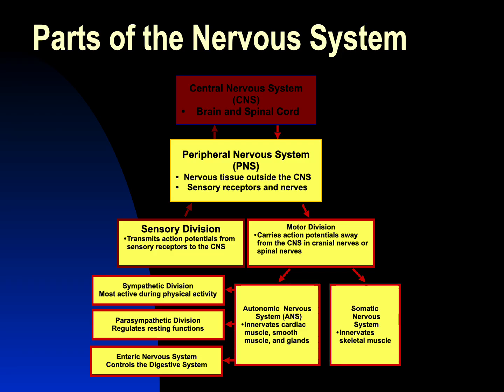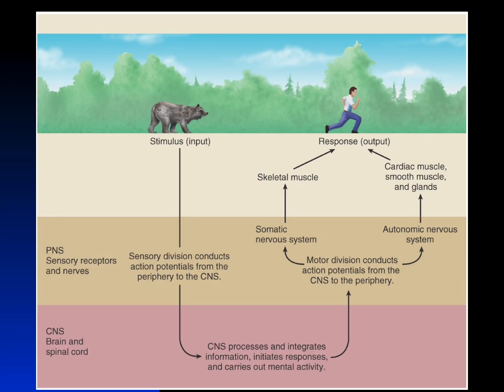Let me give you an example of this. It's a simple example, but it's helpful. A bear is detected through sensory inputs. The sensory inputs might be the sight, the sound of the bear, the smell of the bear, things like that.